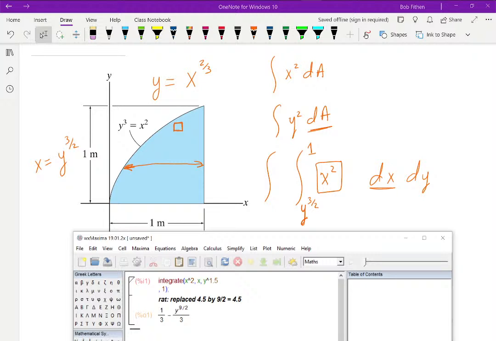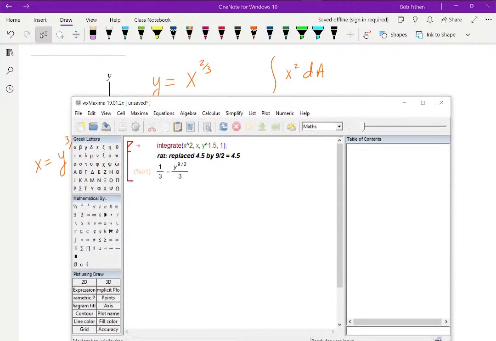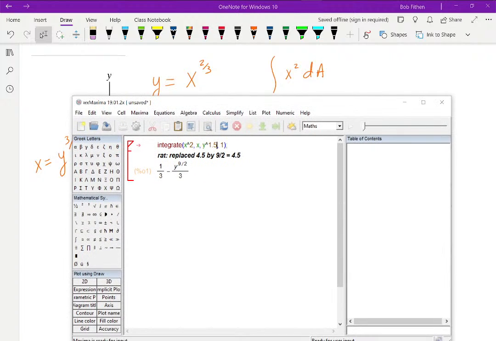First of all, I don't like that it's on the next screen. How do I make it bigger? I don't know that I can make it bigger. Let's hit shift and enter again. So this is the integral.